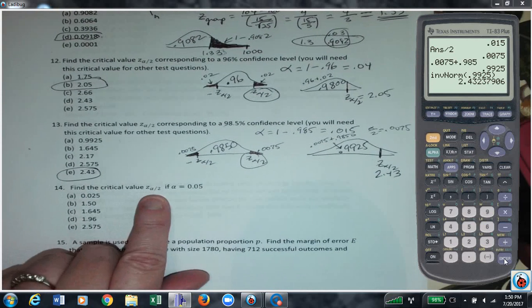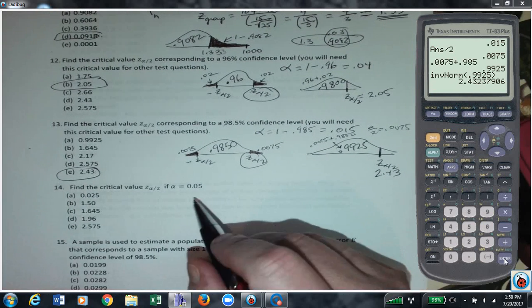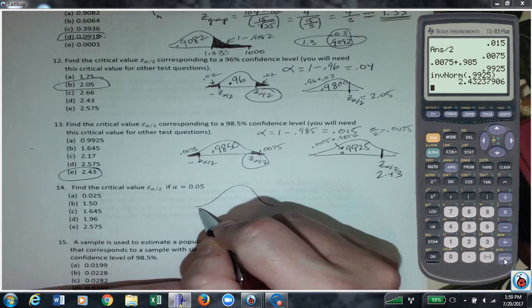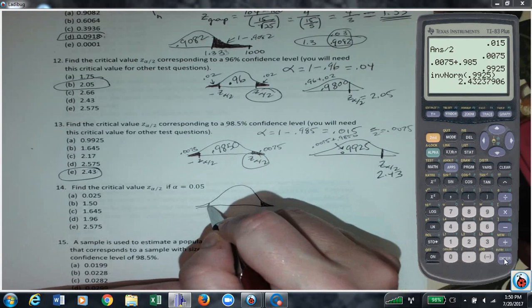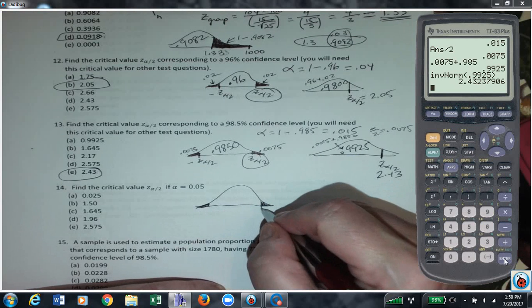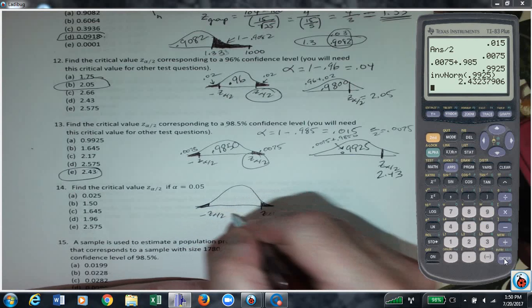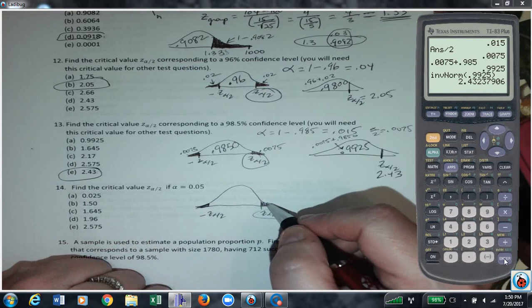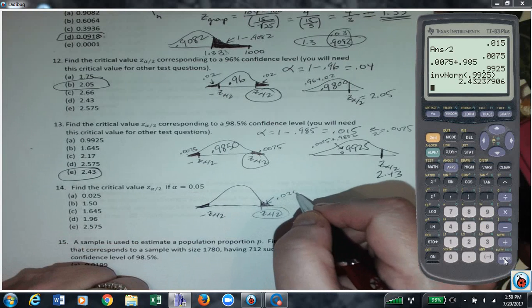Okay, find the critical value z of alpha over 2 if alpha is equal to 0.05. Okay, so again, they're asking us for this guy here. Total area is alpha. Each of these areas will be 0.05 divided by 2.